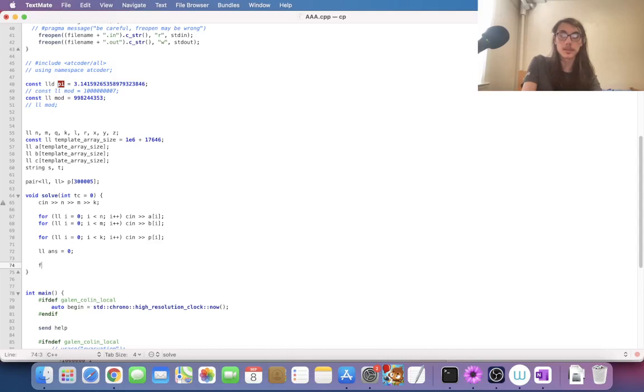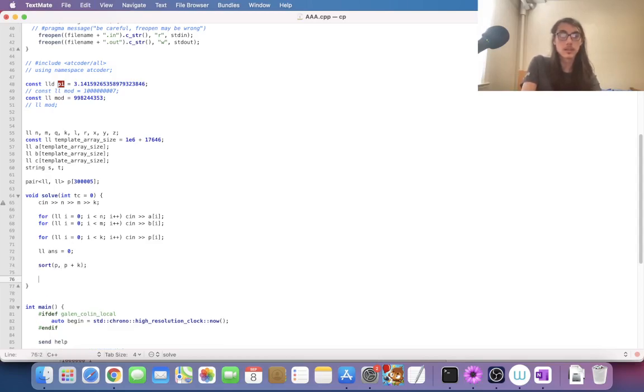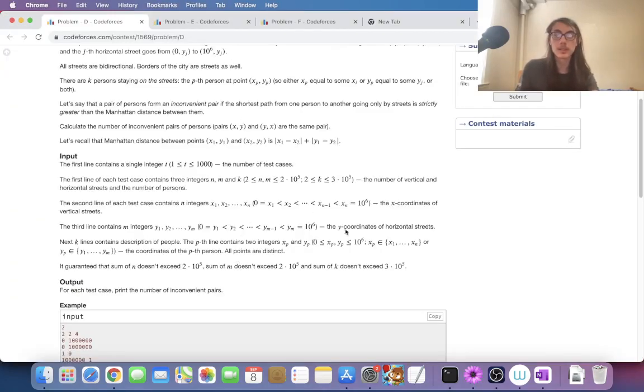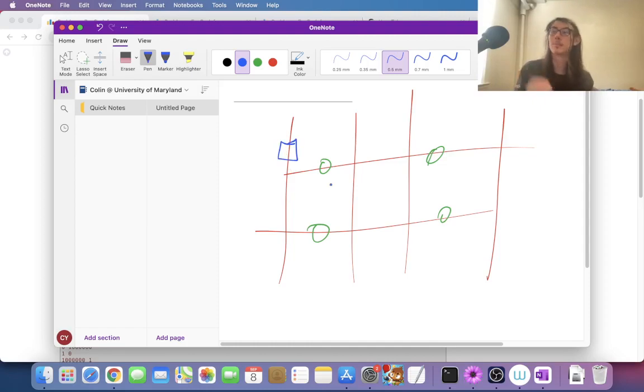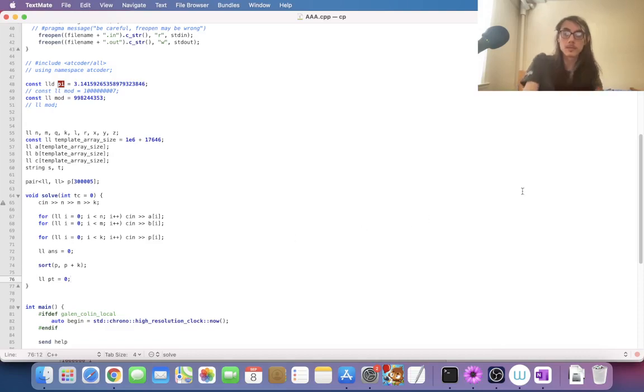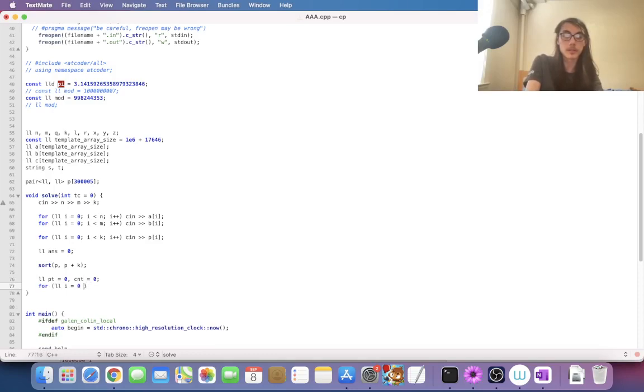Now we're also going to keep a pointer to the largest x coordinate that's behind us, that's smaller than us. Count is equal to 0. So now for i equals 0, i up to k, i plus plus.